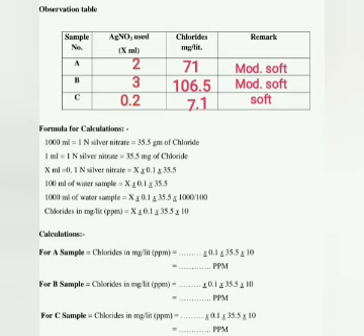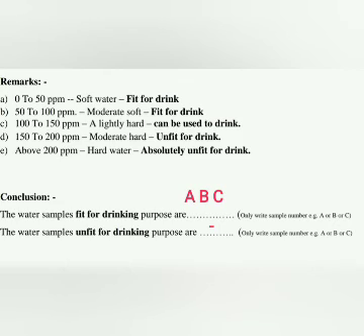According to these guidelines, we make these remarks. 0 to 50 is soft water, so it is fit for drinking. If it is 50 to 100, it is moderately soft, and fit for drinking. 100 to 150 is lightly hard, and it can be used for drinking.